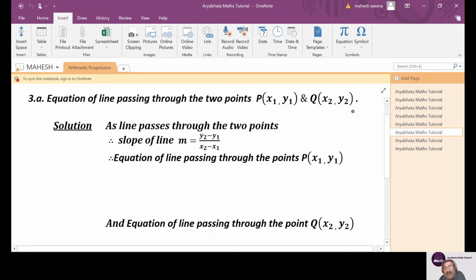Now, we have to find the equation of line passing through the 2 points x1, y1 and x2, y2. We have already learned that the slope of the line passing through the 2 points whose coordinates are x1, y1 and x2, y2 is m is equal to y2 minus y1 upon x2 minus x1. Therefore, we can first find the equation of a line passing through the point x1, y1 with slope m.